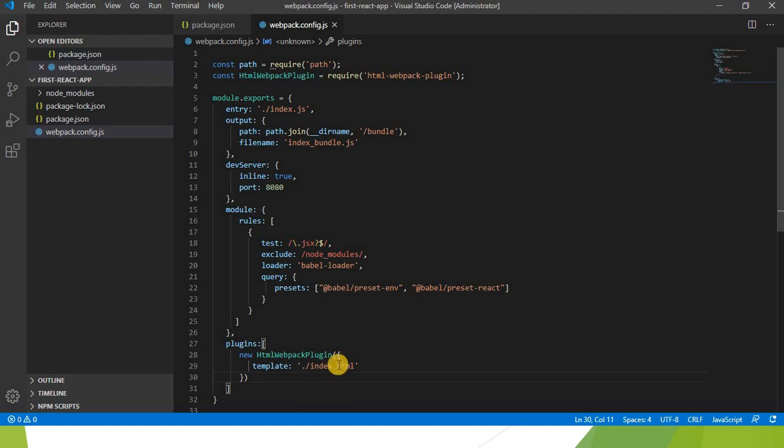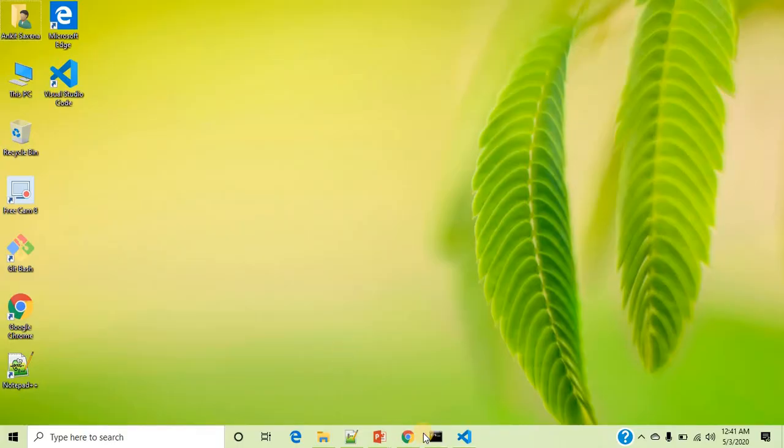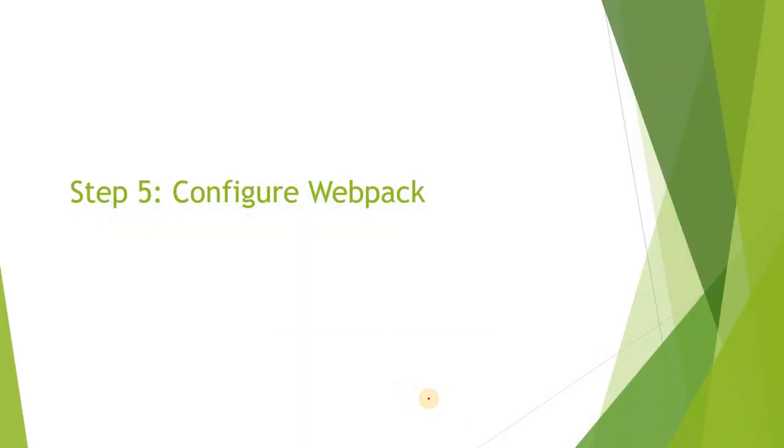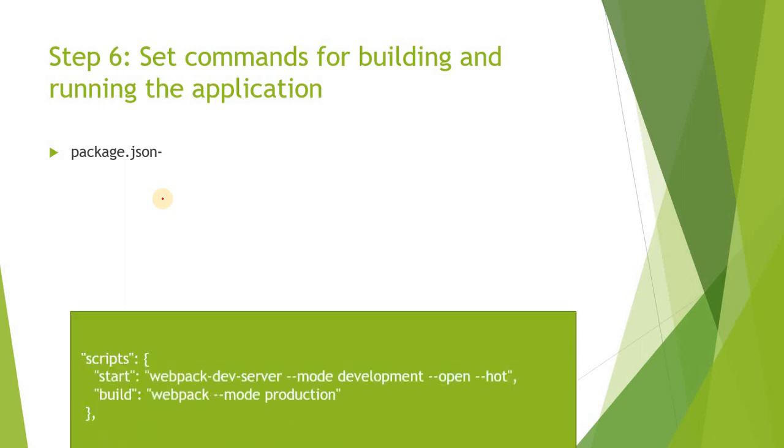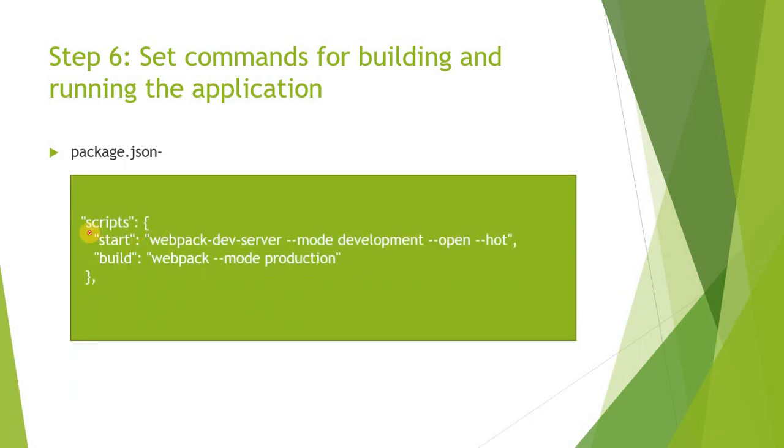Save that file. After configuring the Webpack, we will set the command for building and running the application. So we will open the package.json file. Under the scripts section, we will define the start and build application commands.